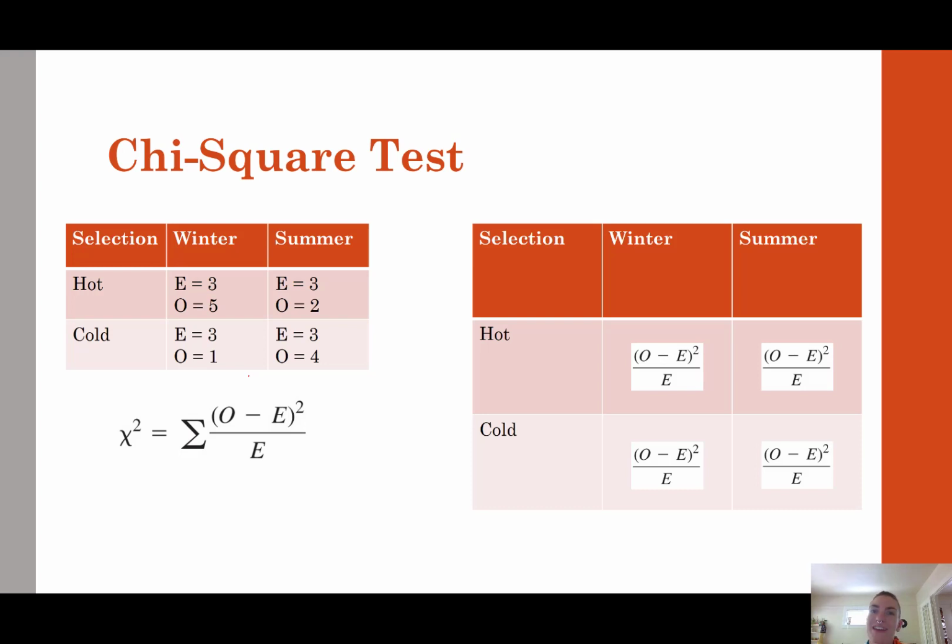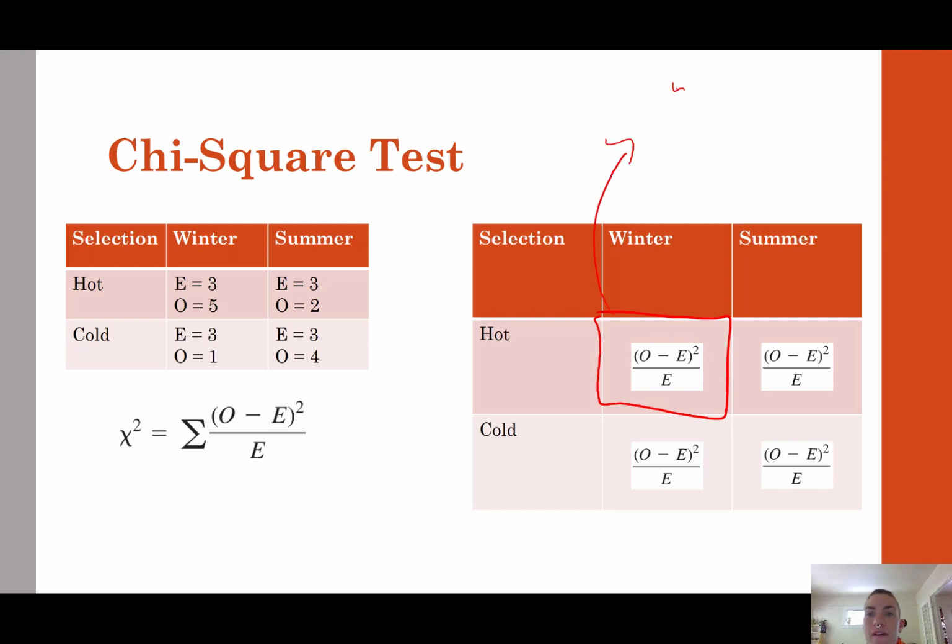So you could try to give this a shot on your own now if you pause the video. I'll walk you through the first cell here, hot coffees in the wintertime. We thought that 3 people would order coffee if the null hypothesis were true, but 5 people actually ordered hot coffee in the winter. Okay, so let's plug those values in.